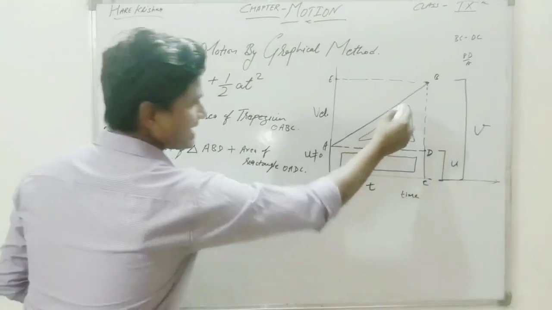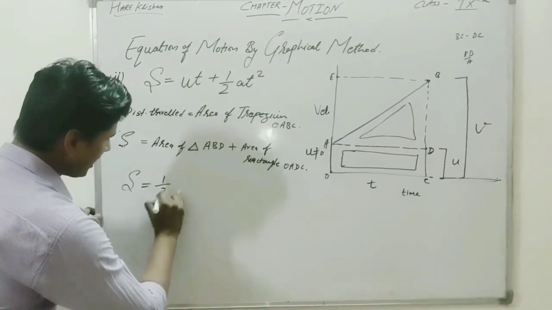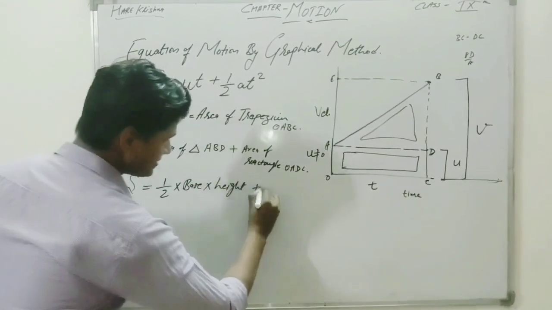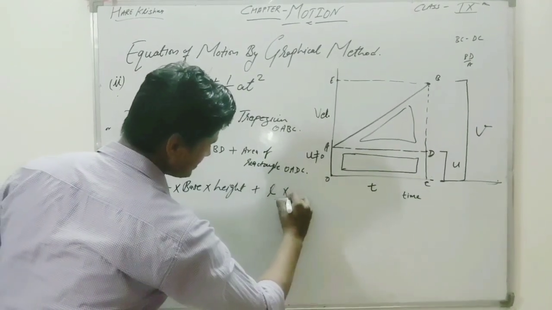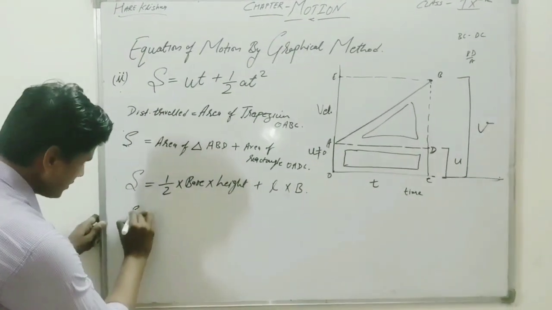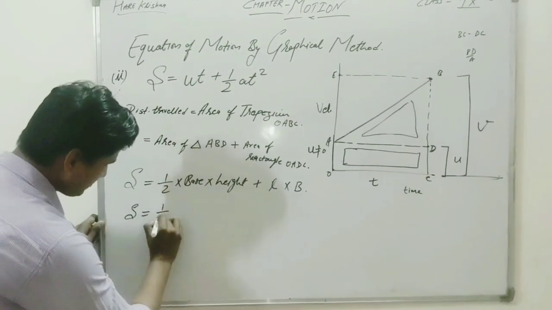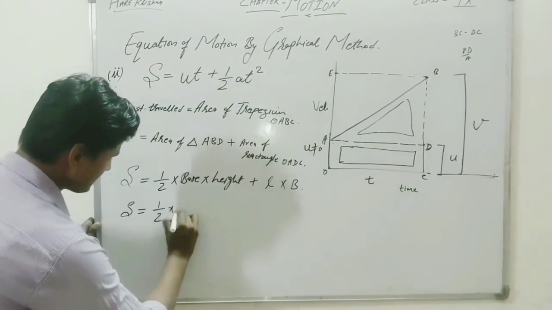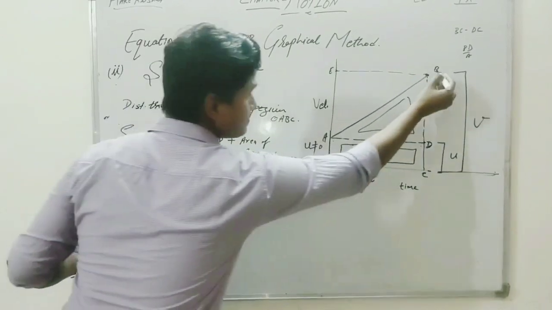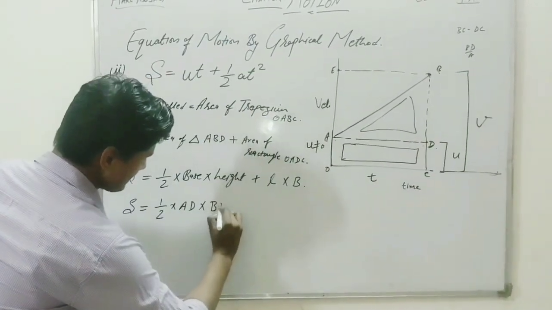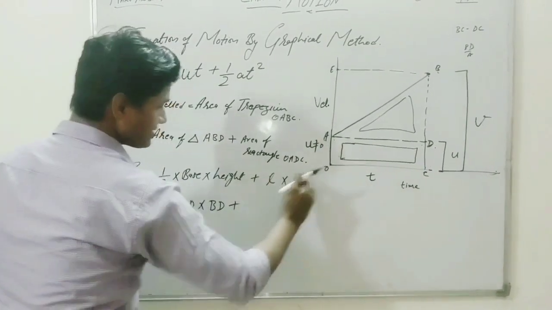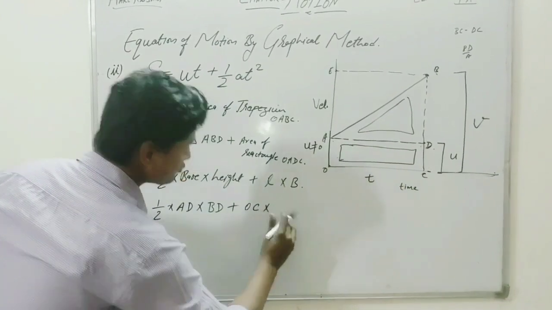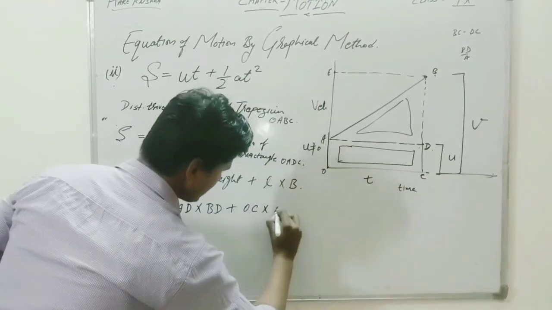As we know, this triangle is a right triangle, so we can write this formula as half into base into height, and the area of rectangle can be written as length into breadth. If we put the value of the triangle base, that is AD, into height BD, plus for rectangle we can see the length is OC into breadth is OA.